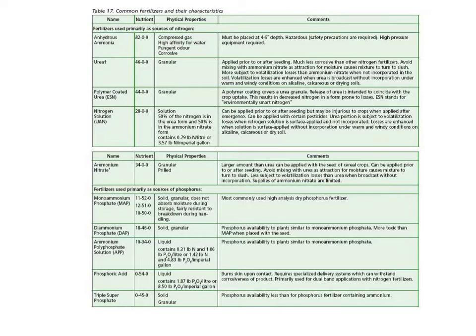It killed several people, flattened houses, and registered 2.1 on the Richter scale. We're talking really big reactivity of this material. But this is the main way in American agriculture that we put on nitrogen.